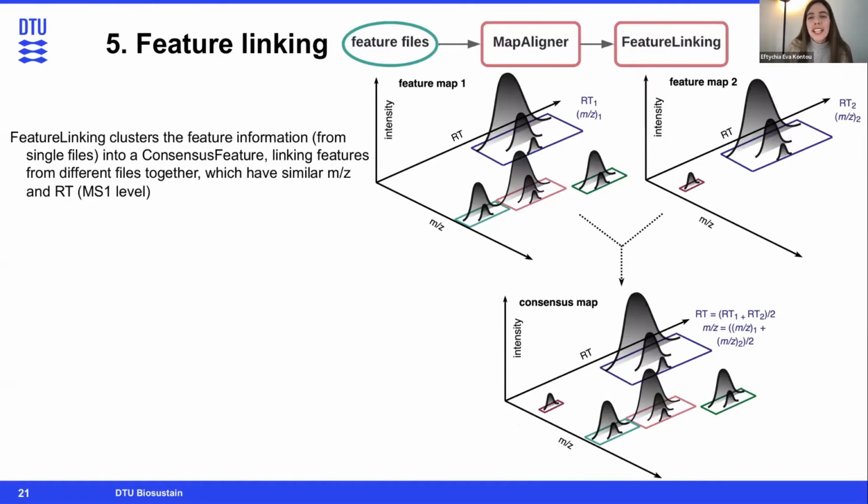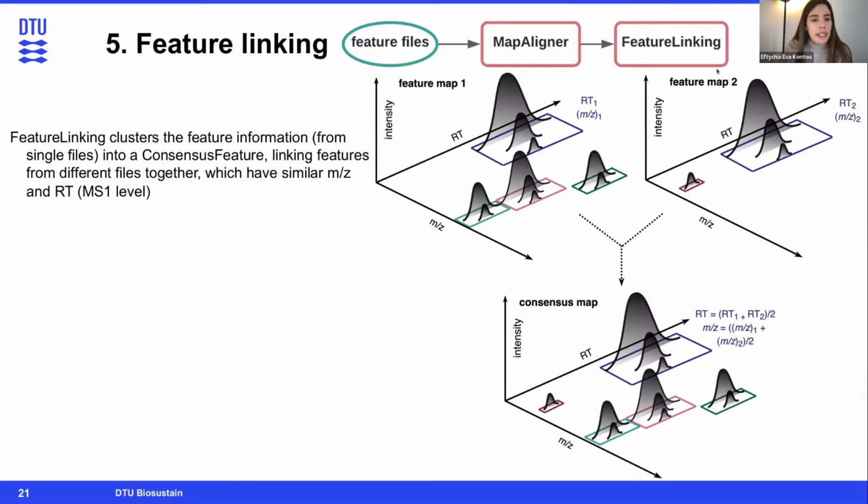Then we have feature linking. That's the final OpenMS algorithm that is used for pre-processing, and it clusters all the feature information from the single feature maps that we have created, the feature files, into one single consensus map. It links features from different files together that have similar mass-to-charge and retention time. If you look at the figure on your right, you can see two different feature maps, 1 and 2.